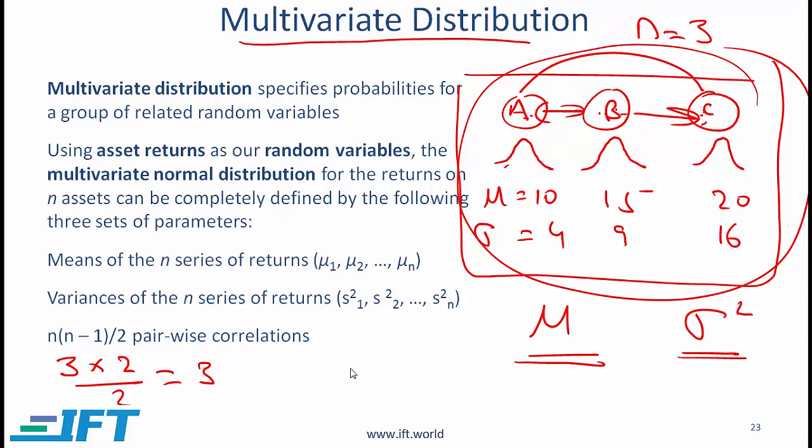If you happen to have four variables, say A, B, C, and D, then you would need to have 4 into 3 divided by 2, which is 6 pairwise correlations. And I'm sure you can do a quick analysis here and determine that 6 pairwise correlations will be necessary. So that is all that you really need to know with regards to multivariate distribution.